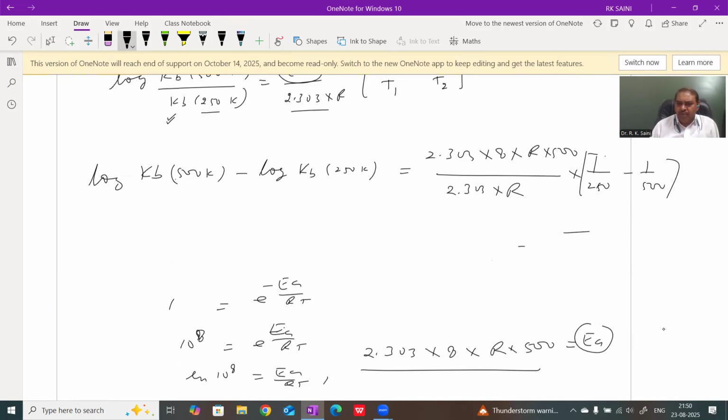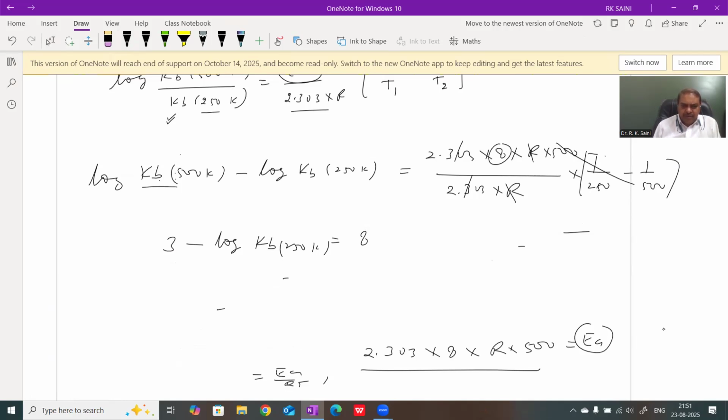This value is 1 upon 500, then 1 upon 500 cancels, R cancels, 2.303 cancels, therefore its value is 8. And log Kb at 500 Kelvin is 3, so 3 minus log Kb at 250 Kelvin equals 8. Therefore log Kb at 250 Kelvin is minus 5.